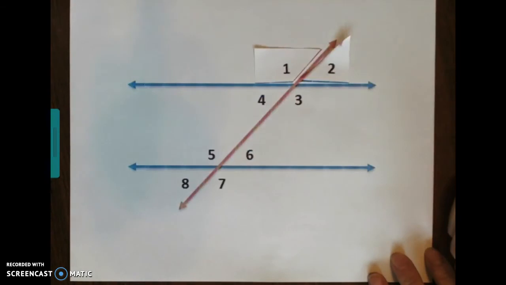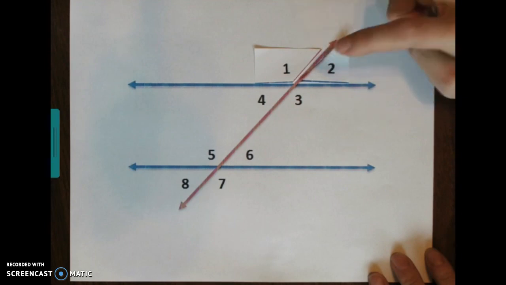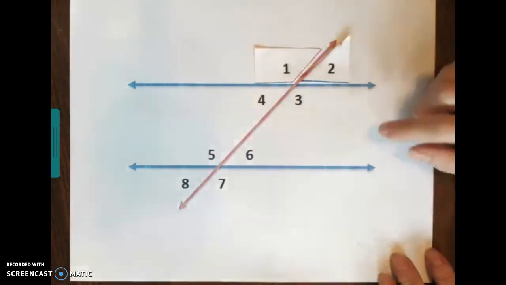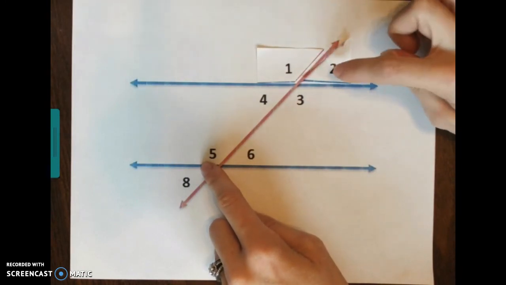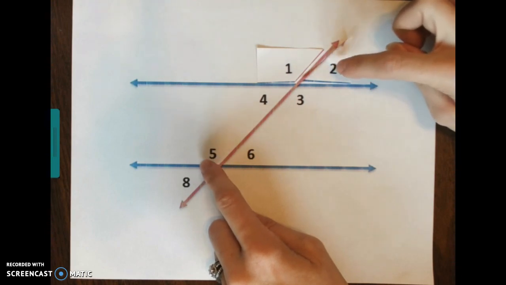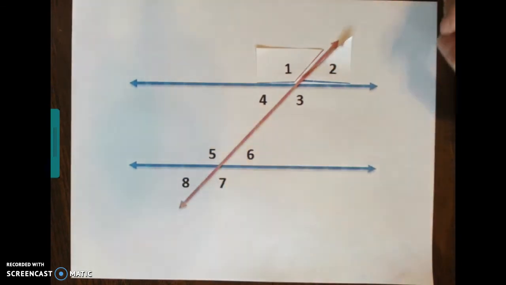So all of your angles are either going to be congruent or they're going to be supplementary. So if it tells you angle 2 is 30, and it asks you to find angle 5, there's no special relationship between 2 and 5, but we know that they have to add up to 180 because they're not the same shape and same size. They're not congruent, so they have to be supplementary. So those are a little bit of shortcuts that you can use to kind of figure out some of these problems. Hope that helps.